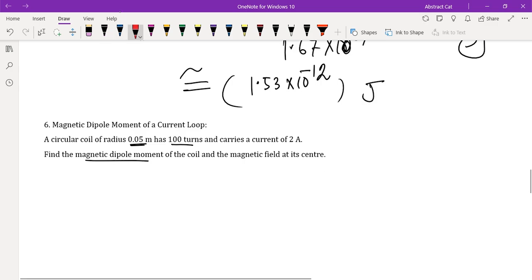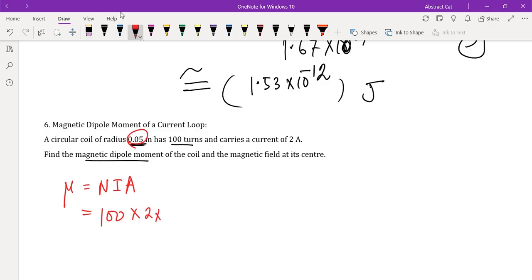We know that the magnetic dipole moment mu is NIA. The number of turns here is 100, the current is 2 ampere, and it is a circular coil, so with the radius given, the area is pi r square.